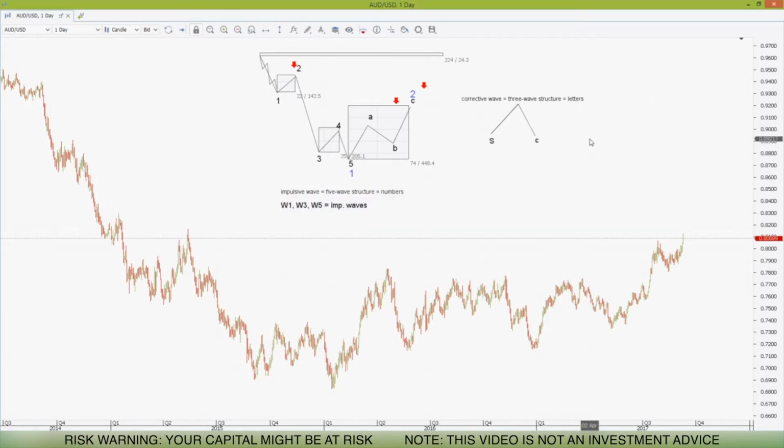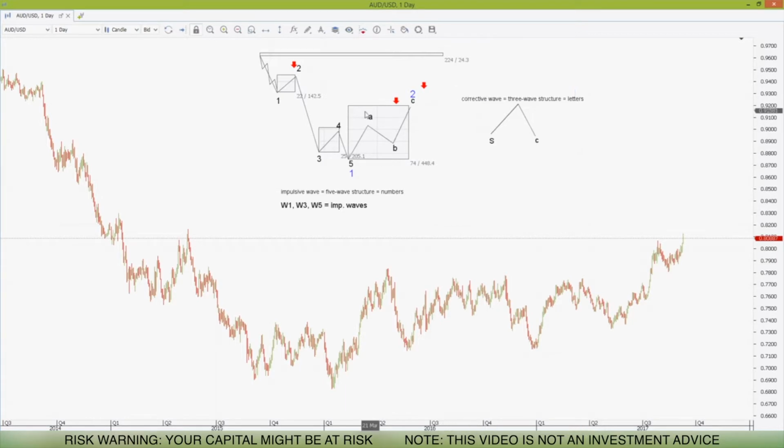Now, when it comes to simple or complex corrections, you won't know from the start what the market will form. But what you would know is that all waves of different degrees are labeled with letters, even though some parts of the complex correction may have a five-wave structure.